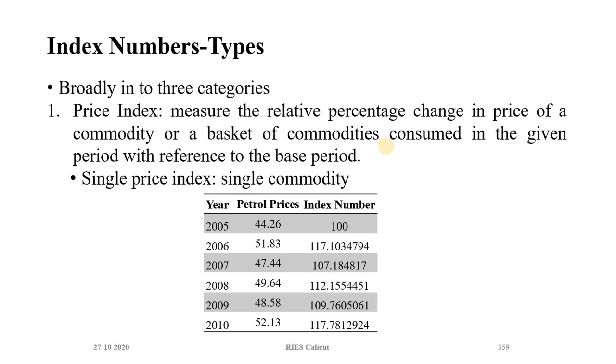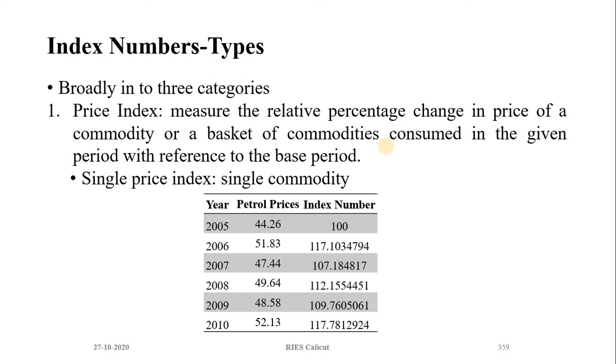If you look at this table, you can see the real petroleum prices in India from 2005 to 2010. I want to compare how much the petroleum price has increased in subsequent years compared to the 2005 year.